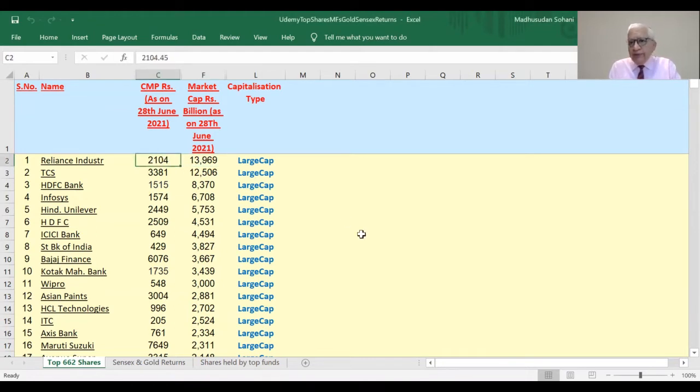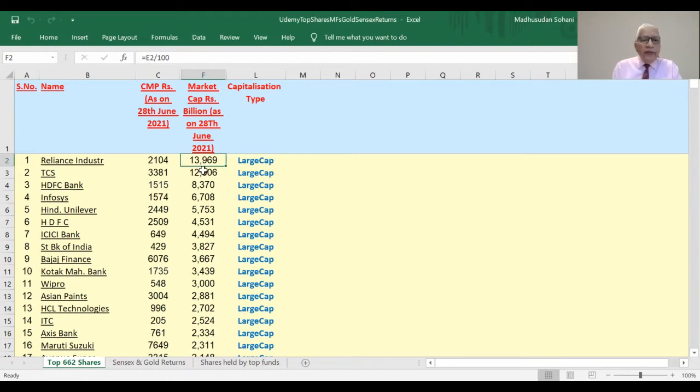For example, Reliance Industries is coming at the top in India. 2,104 was the price as on 28th June 2021. Based on this price, the market capitalization of all shares of this company works out to close to 14,000 billion rupees, or 14 trillion rupees.